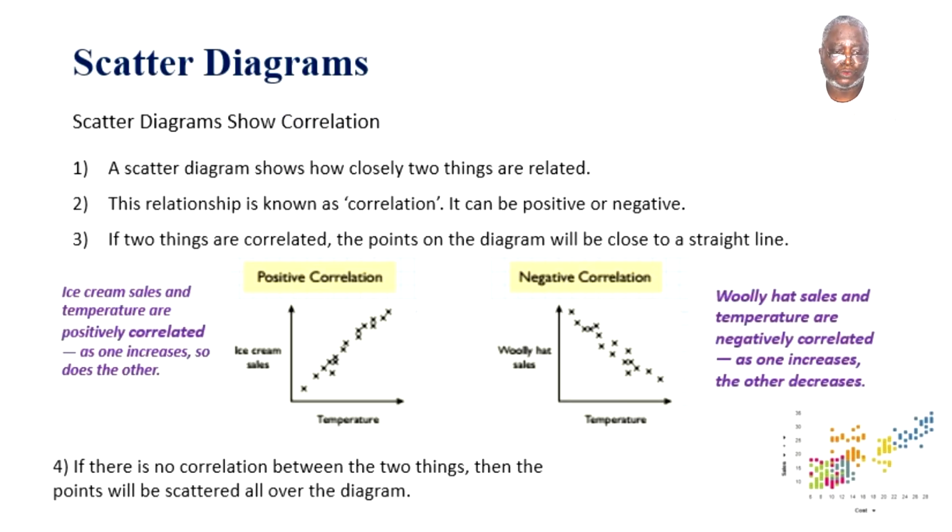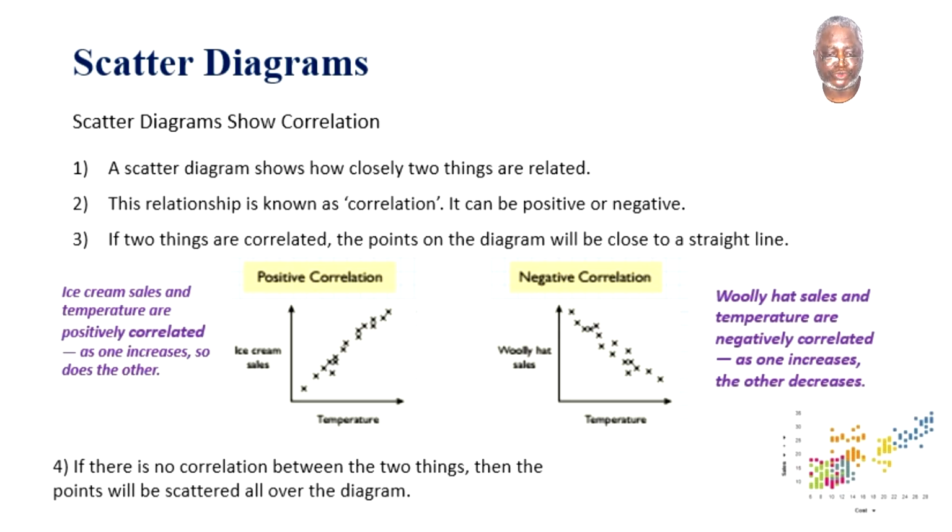So, what are scatter diagrams? Scatter diagrams show correlation, and there are 3 points you need to take on board. A scatter diagram shows how closely two things are related. Correlation means how closely two things are related.